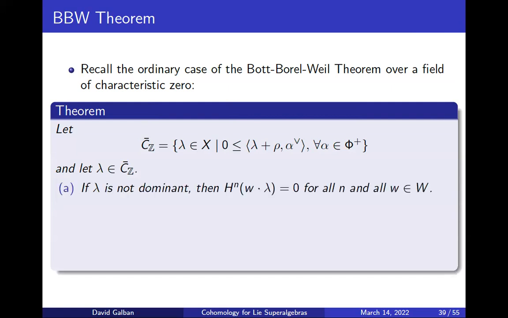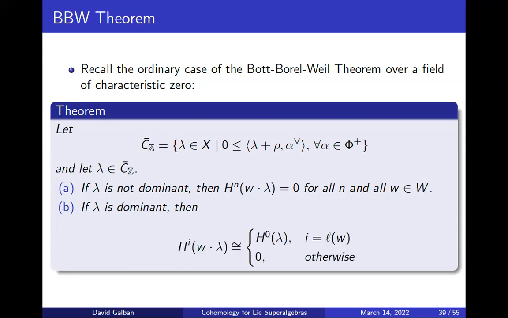First of all, if lambda is not dominant, then H^n of w dot lambda is equal to 0 for all n and for all w in W. And then if lambda is dominant, then H^i of w dot lambda is isomorphic to H^0 of lambda, provided i is equal to the length of w, and 0 otherwise.